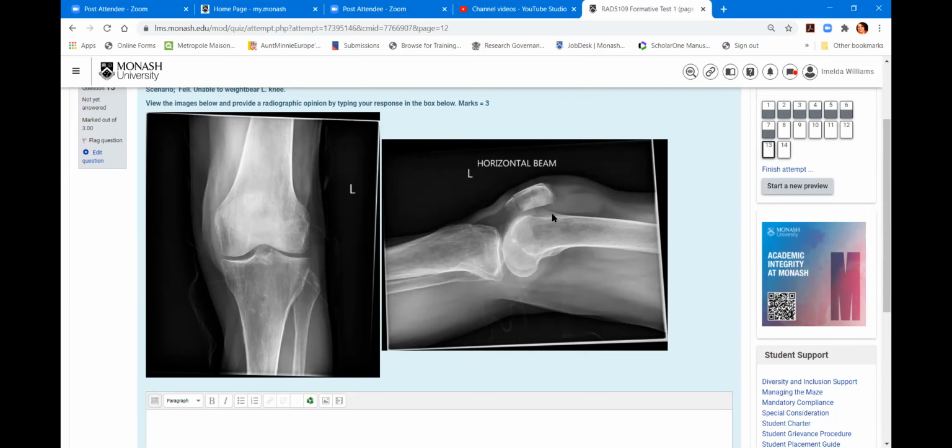So overall, your opinion for this case is that if you look at the fracture itself, there's slight displacement in the fracture lines here, but it's very minimal. So there's minimal displacement of the distal pole of the patella with the fracture, and then there's also lipohemarthrosis as well as joint effusion, and no other fractures or dislocations are noted.